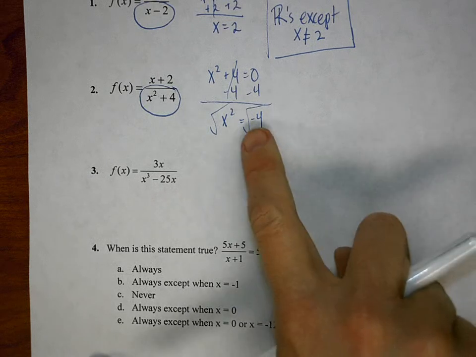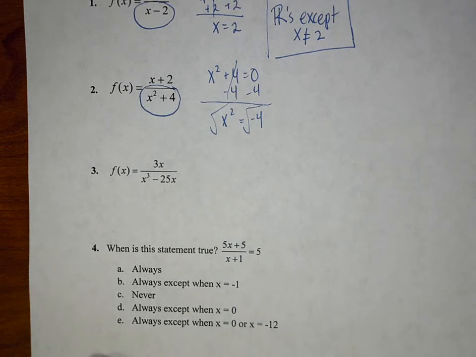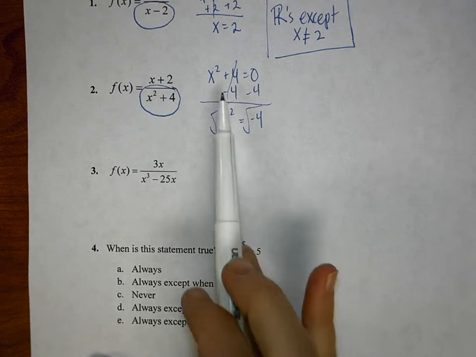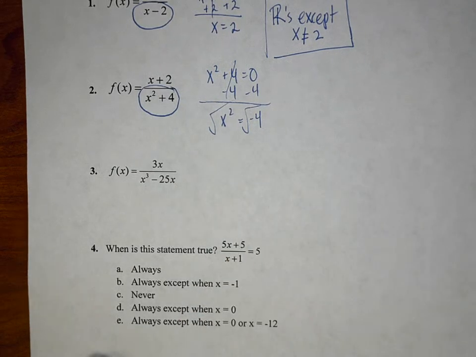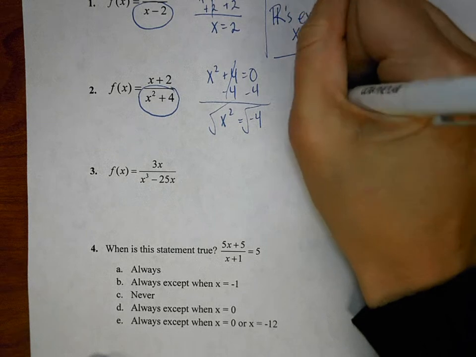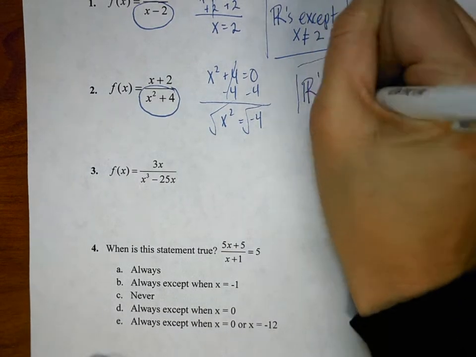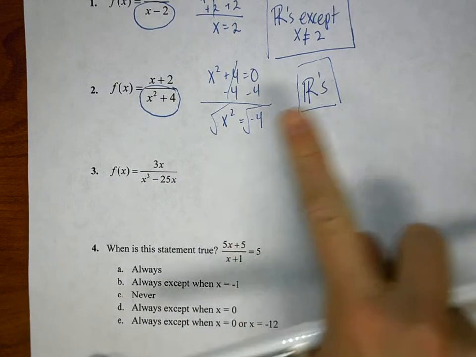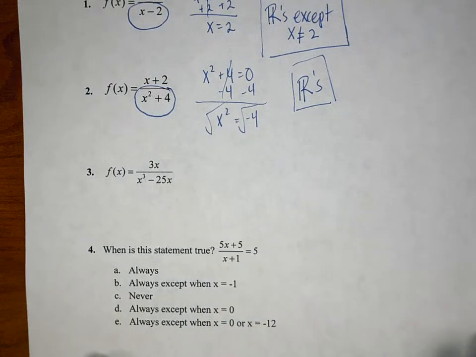No, I can't. This will end up becoming an imaginary number. So what this tells us is there aren't any numbers that x can equal that will end up giving you 0 in the denominator. So the answer for this one is all reals. If you get a no solution here, then that means there's no values that you need to exclude.